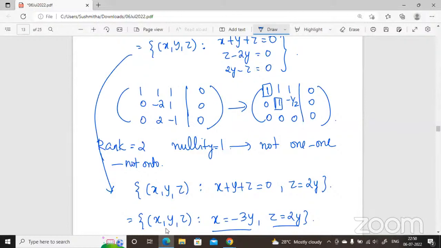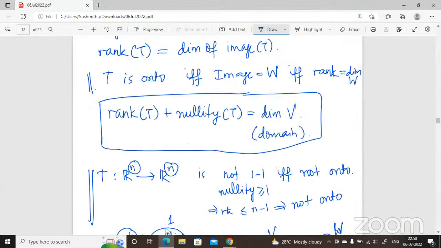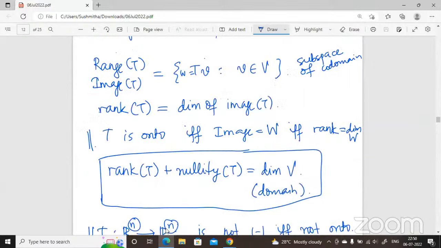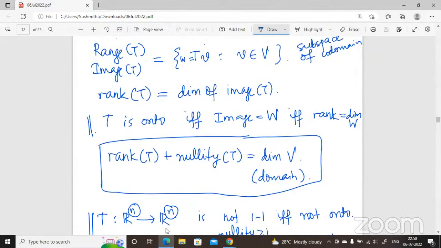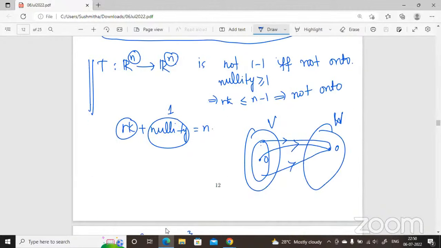But in the previous example, you will check also this method. From the equation T(X, Y, Z) is equal to (A, B, C), you have checked onto like this.